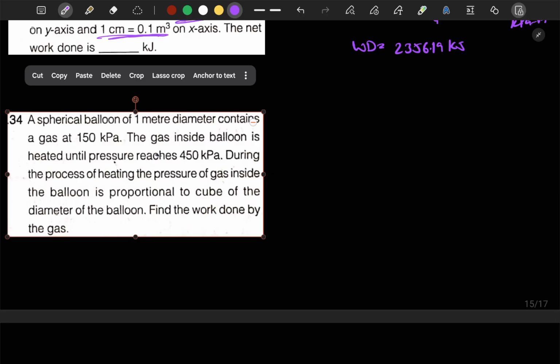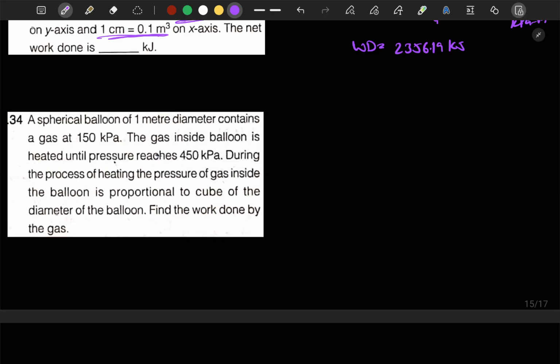Question number 34: a spherical balloon of 1 meter diameter contains gas at 150 kilopascal. The gas inside the balloon is heated until the pressure reaches 450 kilopascal. During the process of heating, the pressure of the gas inside the balloon is proportional to the cube of the diameter.